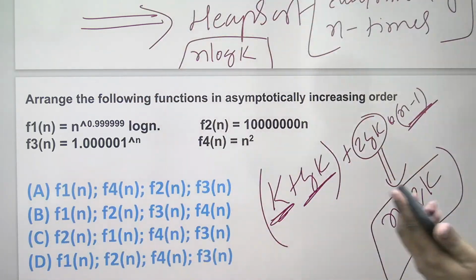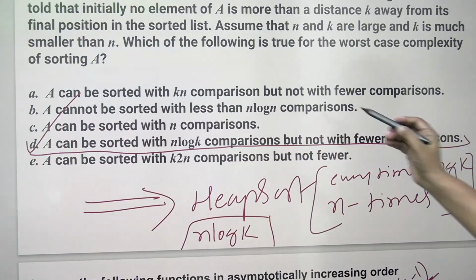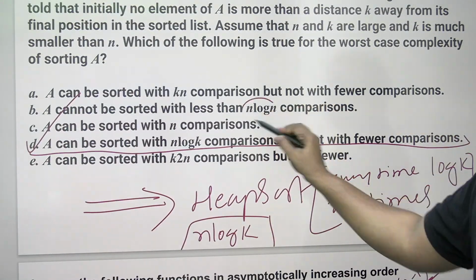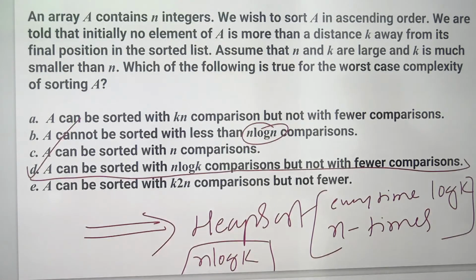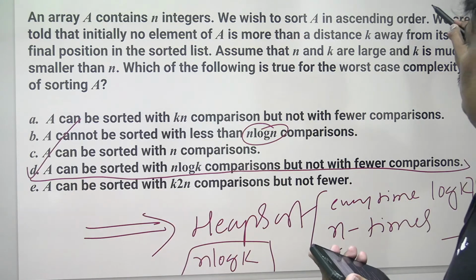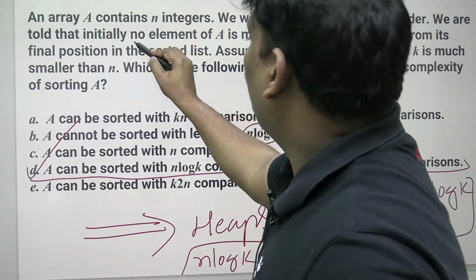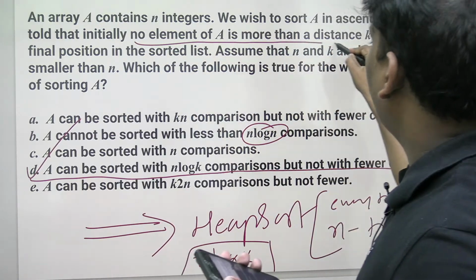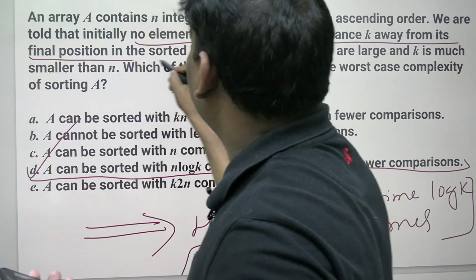Now, if you see the options, Option C, n log n. At that time, the answer is n log n. Every element is, see this one. This is the major line: no element of A is more than a distance k away from its final position in the sorted list.